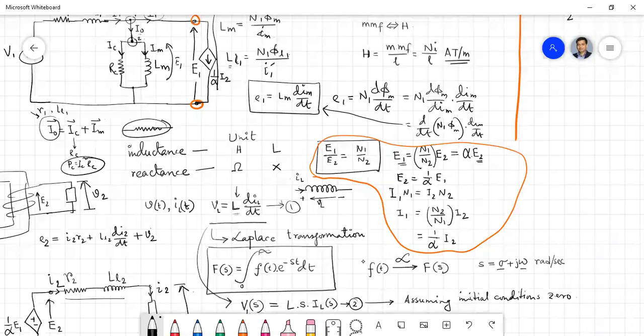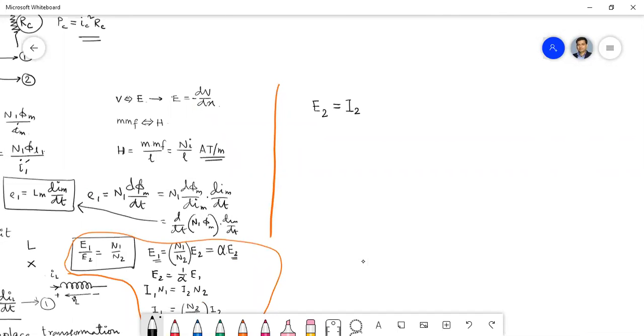But now I will write all this in capital letters. So all are in capital letters.